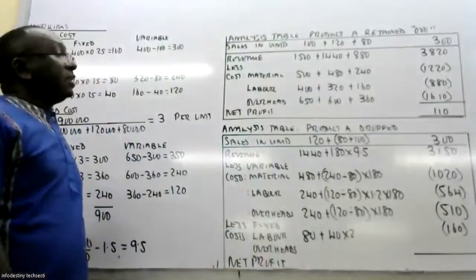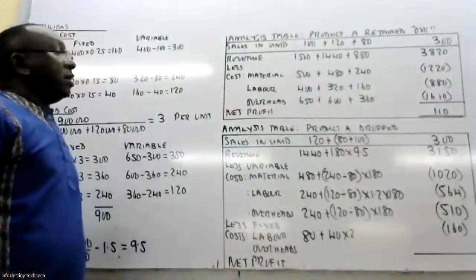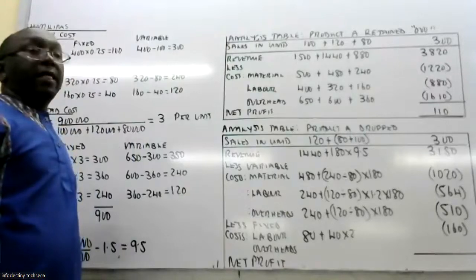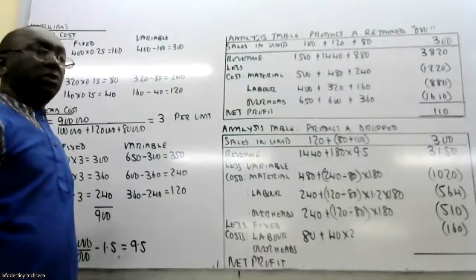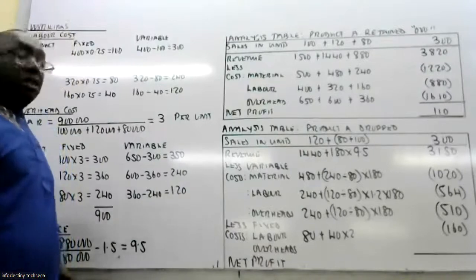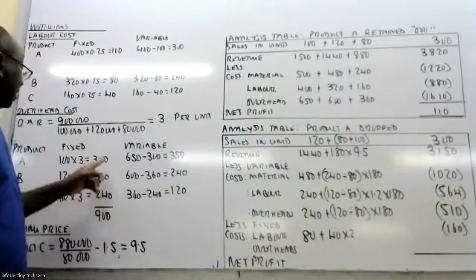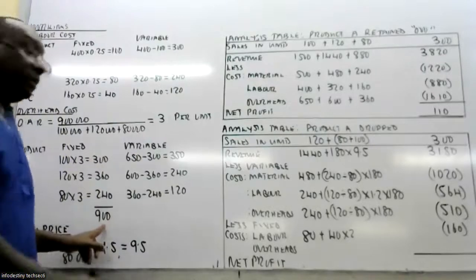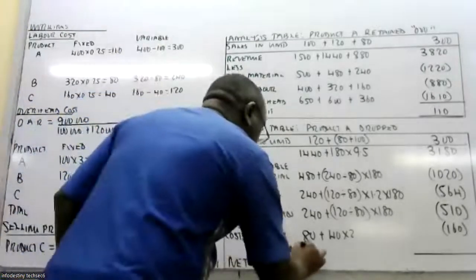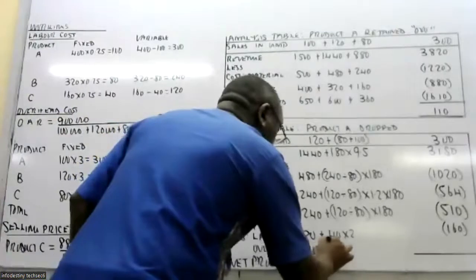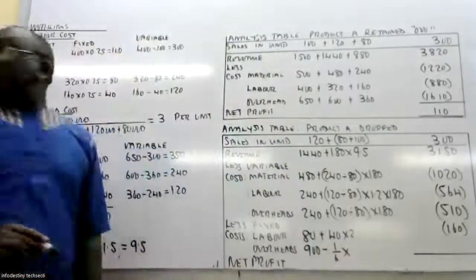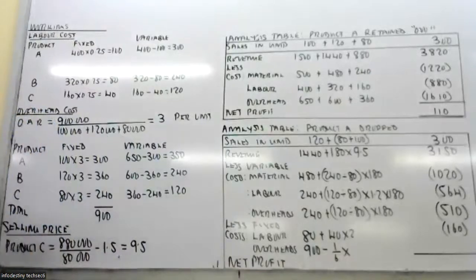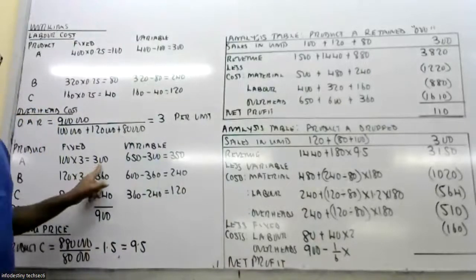And then the overheads tunaambiwa a sixth. Is it a sixth or a fifth? A sixth will disappear. So that tells you utachukua hizi zote that are fixed. Naona hii 900. The 900 utoe 1 out of 6 of what was in A. A ilikuwa na 300.